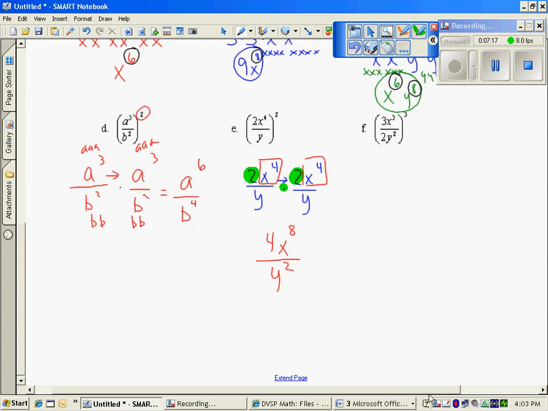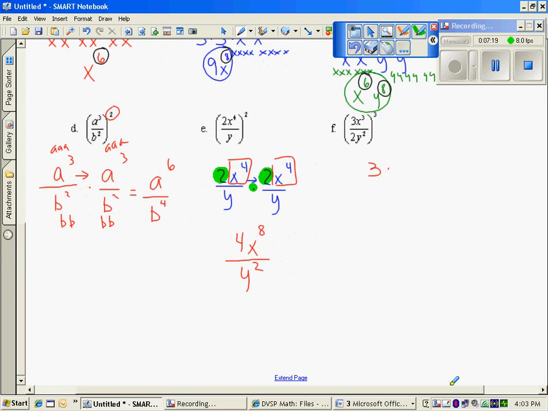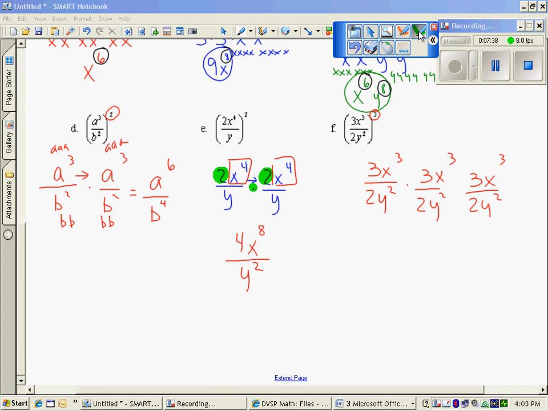In the last problem, we have 3x cubed over 2y squared written 3 times. So I'm going to copy that down 3 times. Again, I'm going to use the commutative property and sort the terms mentally. 3 times 3 times 3. 3 times 3 is 9. 9 times 3 is 27.